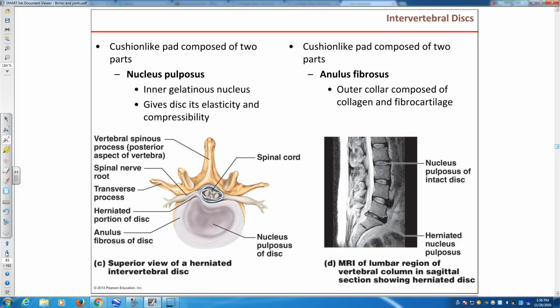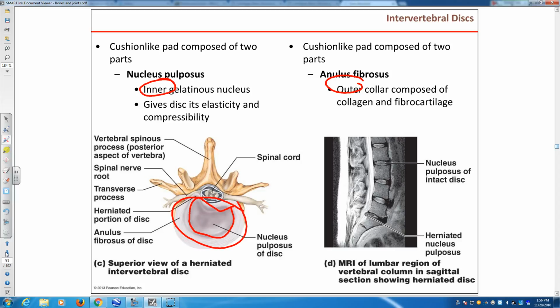Now think about this. This vertebral column is like a chain. You have many links that are connected to each other fairly tightly, and they also have discs that cushion and prevent them from crushing each other. So the disc here consists of two layers. Let's put it this way: the inner and the outer. The inner layer is called nucleus pulposus, sounds very Greek.